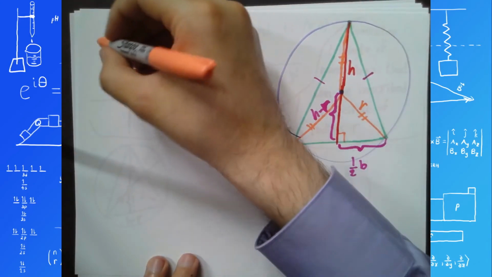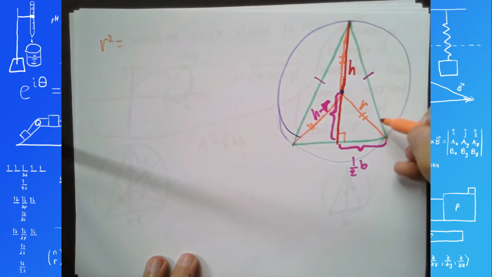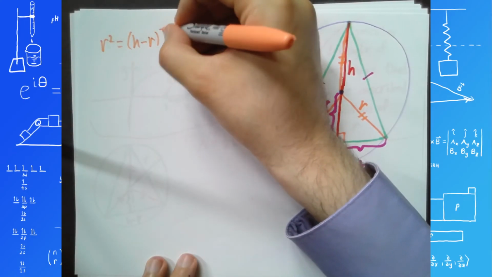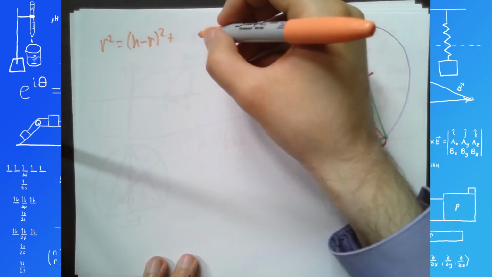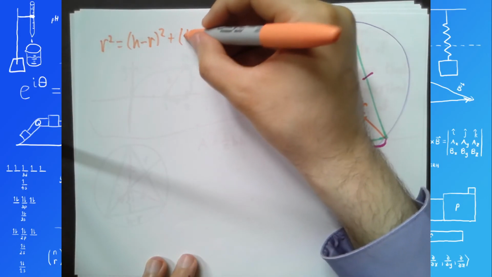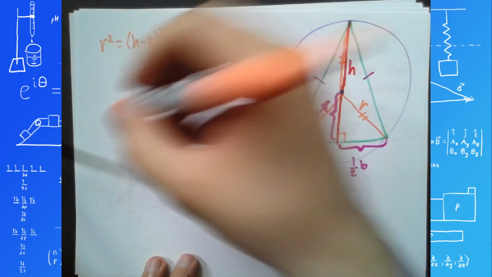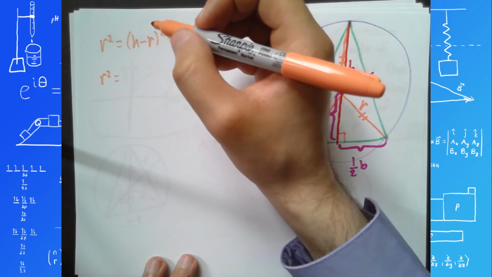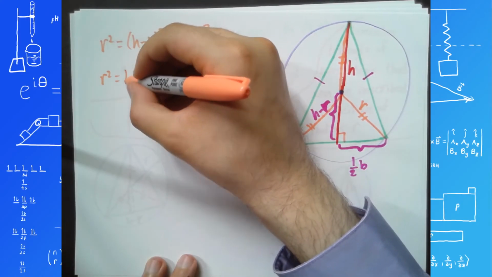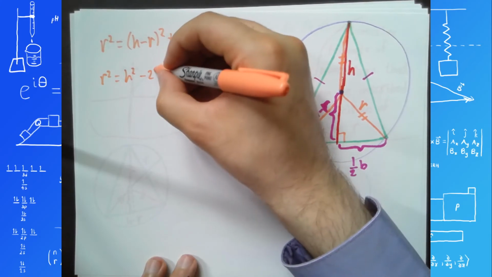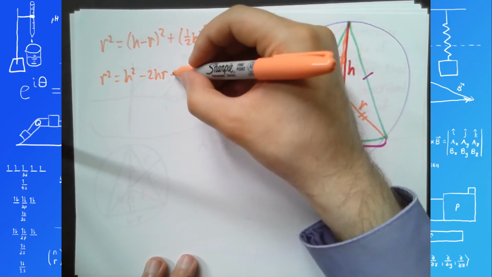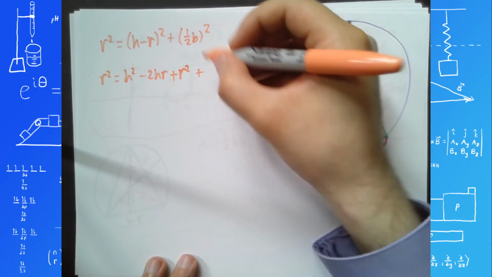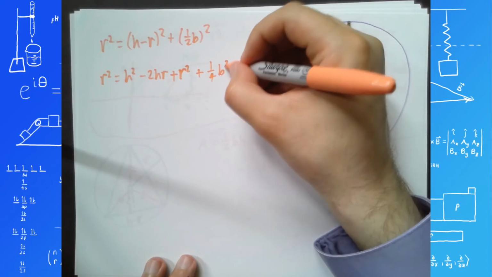So it looks like little r squared is equal to the square of h minus r plus the square of 1/2 the base. Okay, so little r squared equals, if I go ahead and FOIL that, h squared minus 2hr plus r squared, plus 1/4 b squared.